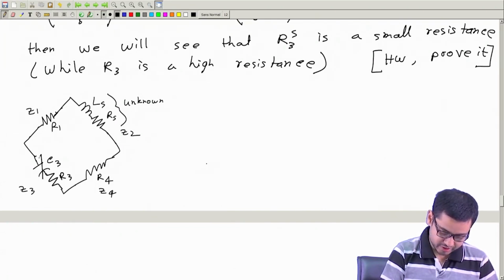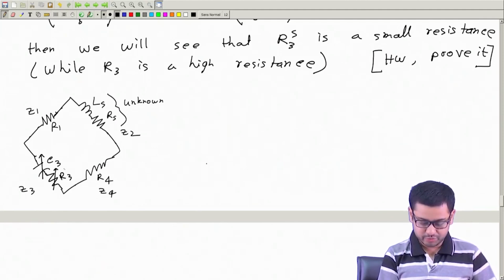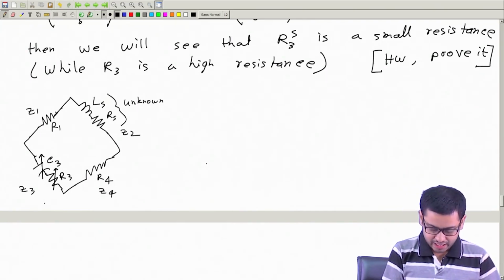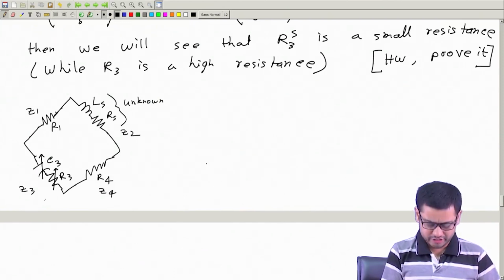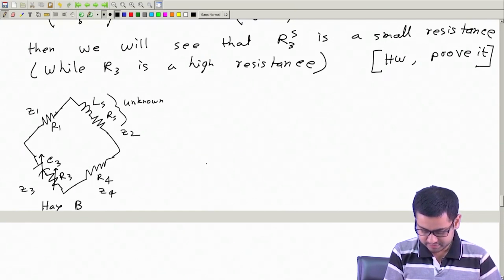Okay. And these are variables, of course, C3 R3, these are variables. So, now you can vary this, and with a small value of R3 you can get this bridge balance. So, this is the solution, and just for your information, this bridge is most likely called Hay bridge.